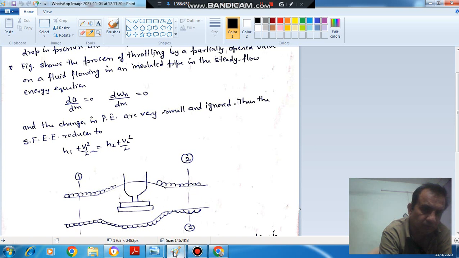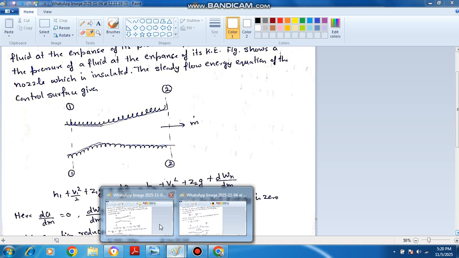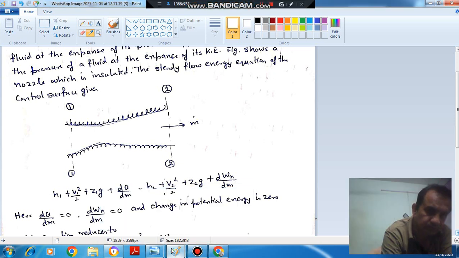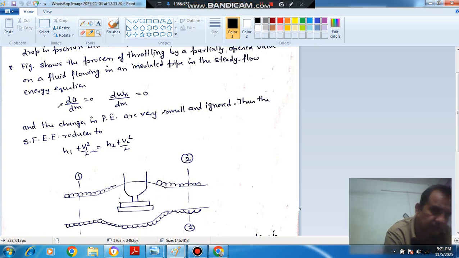So the steady flow energy equation, which was H1 plus V1 square by 2 plus Z1 G plus dq by dm is equal to H2 plus V2 square by 2 plus Z2 G plus dwx by dm, then reduces to, because Z1 is equal to Z2, heat supplied is 0 and work done is 0, H1 plus V1 square by 2 is equal to H2 plus V2 square by 2.